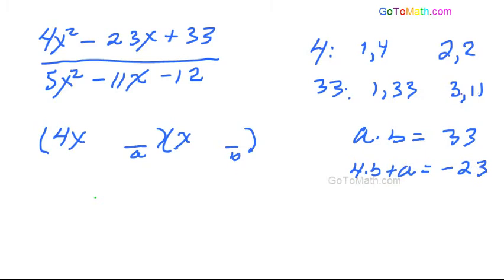We've got a positive product and a negative sum, so they're both going to have to be negative, right? If I put a negative 3 here, we get negative 12. And what about an 11? 12 and 11, negative 23. 12 and 11.